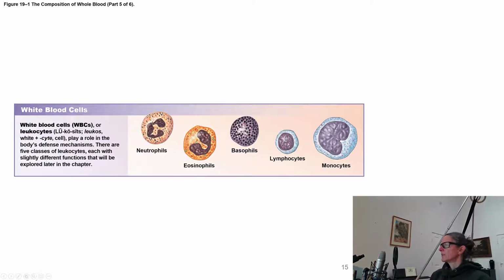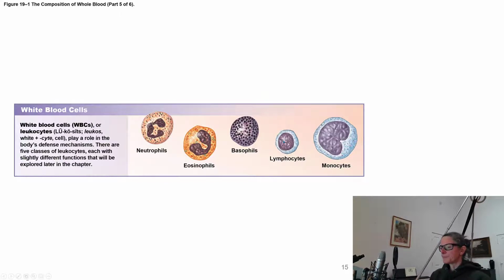And we look at lymphocytes. These are going to be part of our acquired immunity. So these cells are going to be specific to certain types of pathogens. So we've got really 3 types of lymphocytes, 2 of which are specific to a specific pathogen, and they will develop an immune response to a particular pathogen.